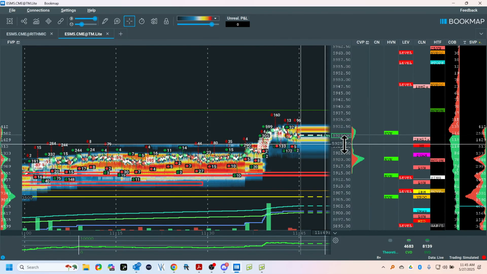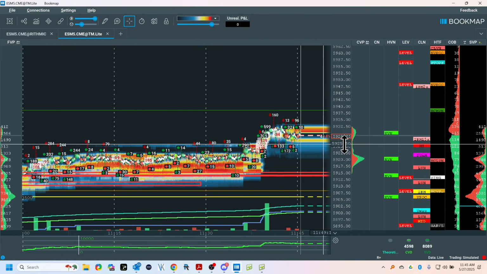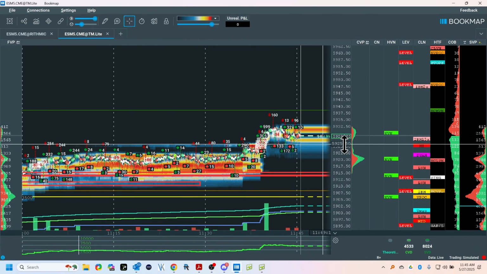We had the VPOC migration structured trade, but it really took a little more aggressive behavior, I think. And if it doesn't fit, your job is not to trade. If that's not in your plan, then it's been a great day for you, because not trading when you don't have an edge is what will keep you in the business, assuming you actually have an edge.